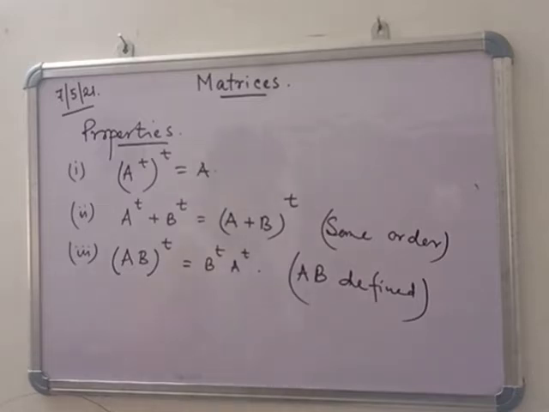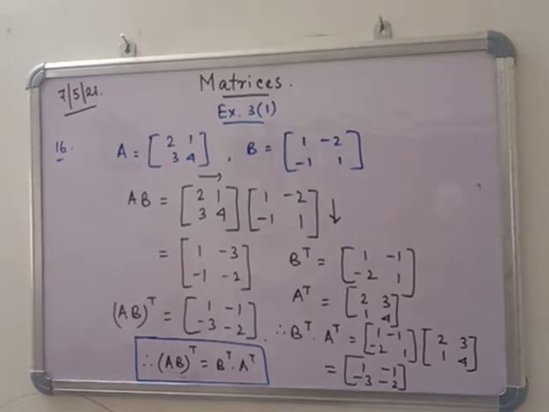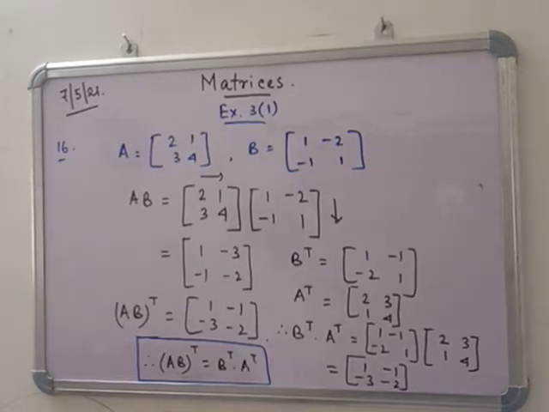Now we are going to start some exercise problems. See that in number 16 of 3.1, A equals 2, 1, 3, 4 and B equals 1, minus 2, minus 1, 1. You have to verify that AB transpose equals B transpose into A transpose.